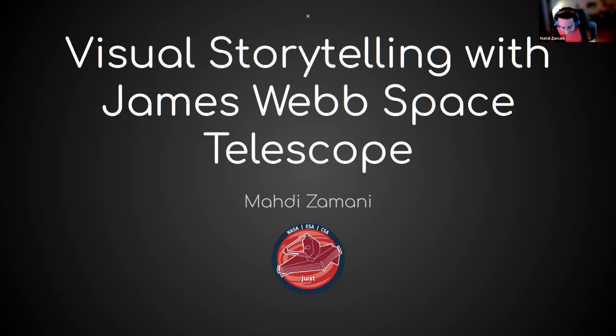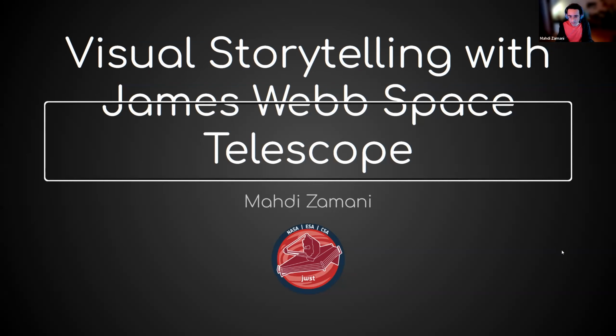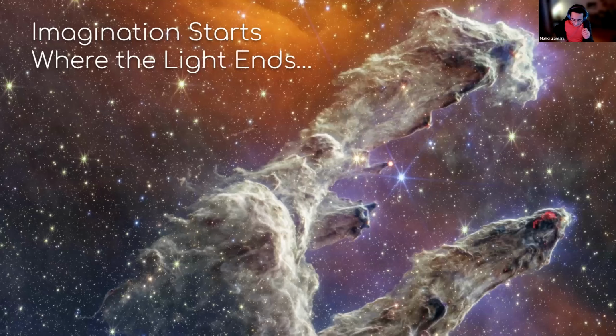So to take it up from where Kelly left it, we want to look into how the James Webb Space Telescope images for public outreach are produced, how those nice, colorful images that you see from James Webb all over the news are produced.